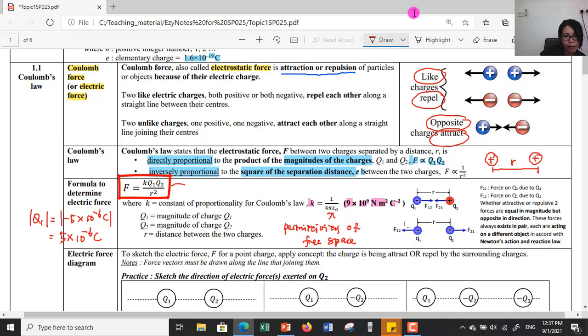I write here: in this equation, no need to put in negative sign for negative charge. Okay, we just want the magnitude, the value only. Alright.